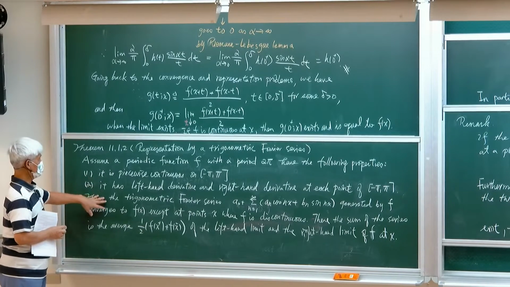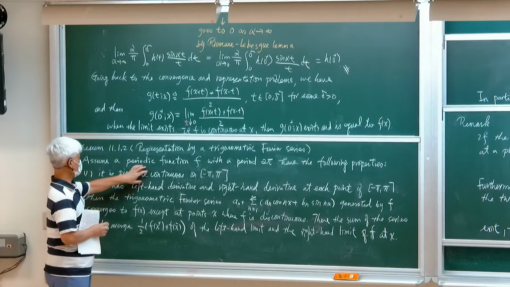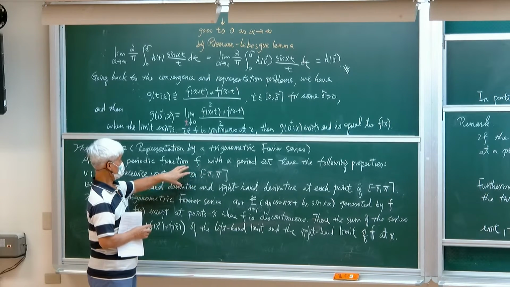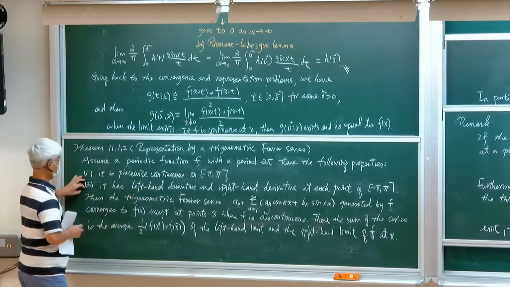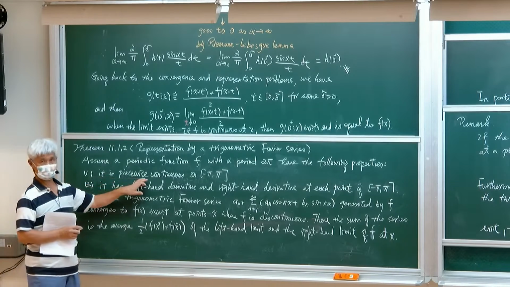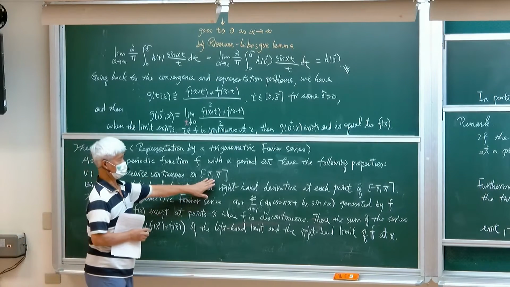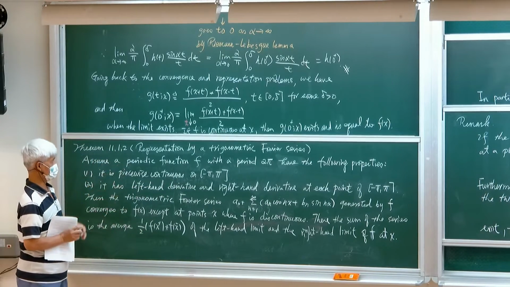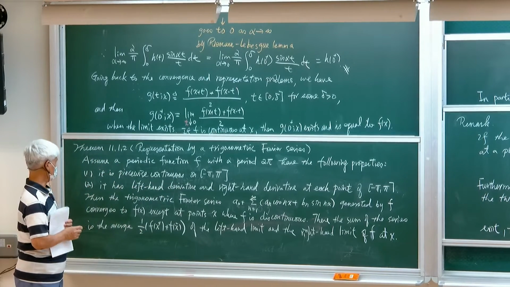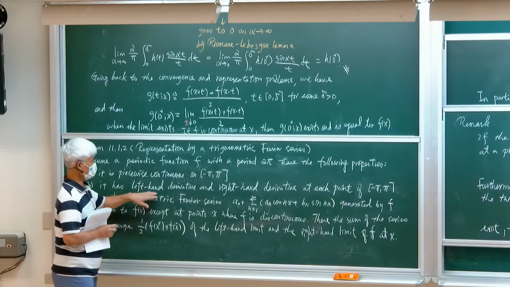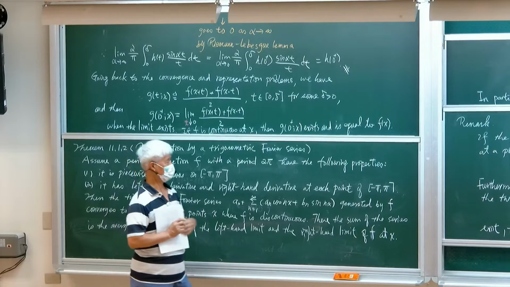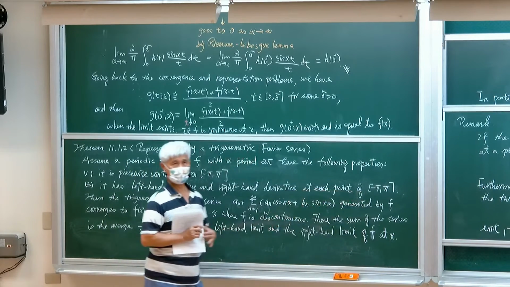The periodic functions having these two properties: first of all, it is piecewise continuous on one period, and of course piecewise continuous on every finite interval. And it has left-hand derivative and right-hand derivative at every point of this interval.